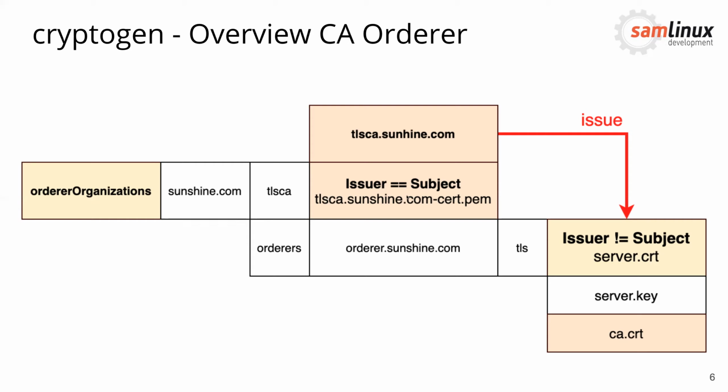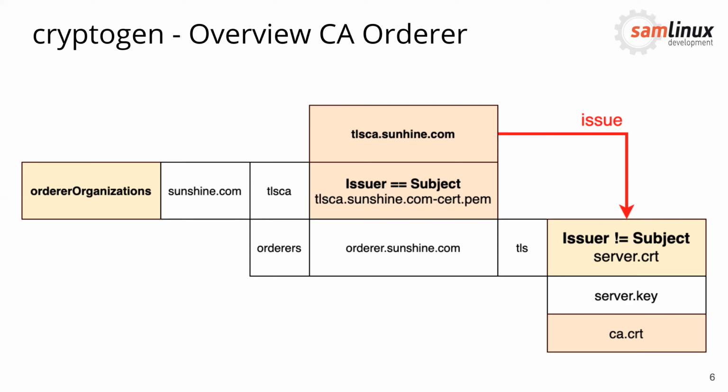And when we look into this certificate, we will see that the issuer is equal to the subject. And that means that we have a self-issued certificate, and that's basically our TLS CA sunshine.com. So this is our certificate authority for TLS.